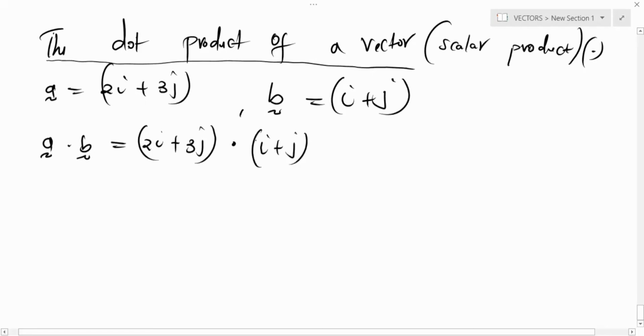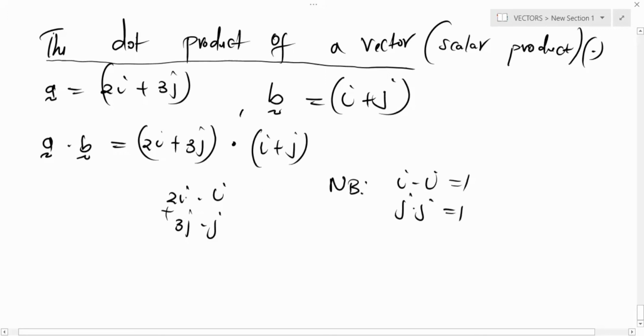When you're evaluating the dot product, i is dotted with i, j with j. So this is evaluated by 2i dot i, 3j dot j, and then you add your results. Another thing you need to know is that i dot i is equal to 1 and j dot j is equal to 1. So i dot i is 1, so we'll have 2 here, plus j dot j is 1, so this will give 3. So this will just translate to 5.